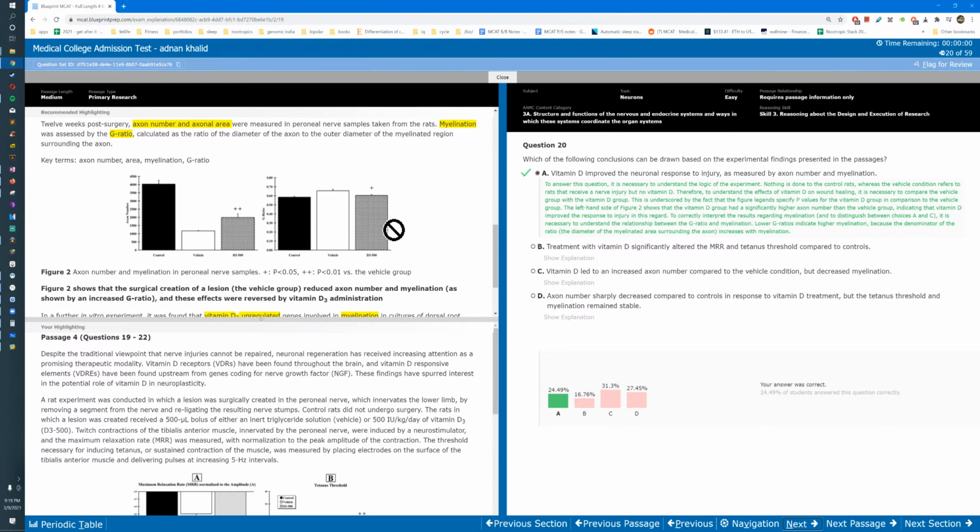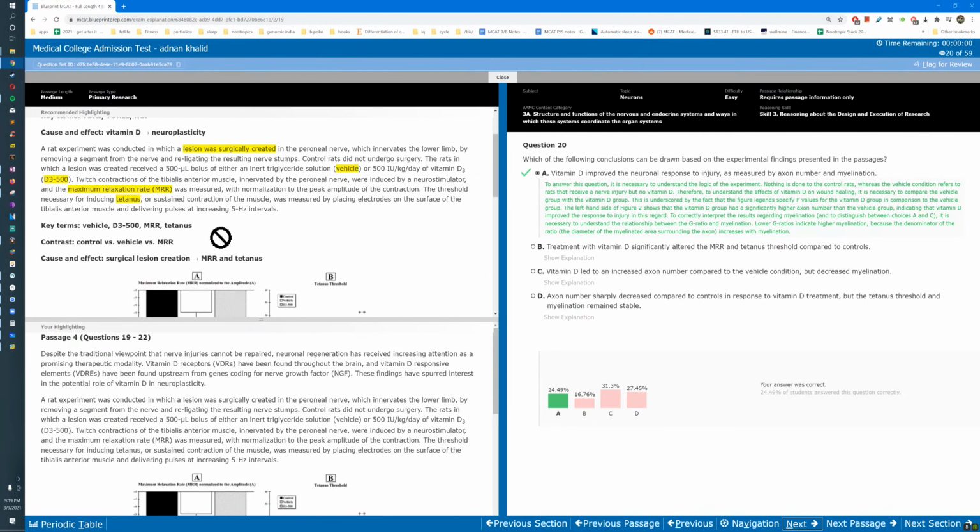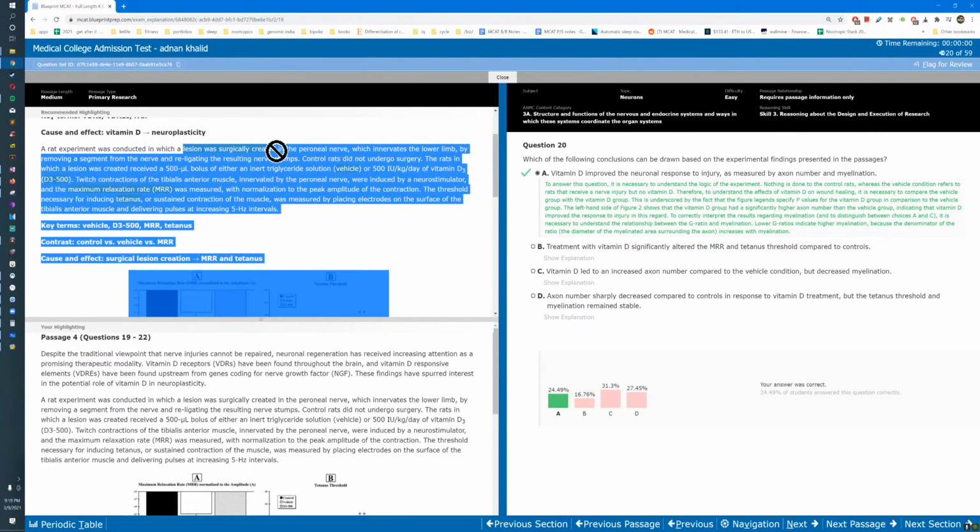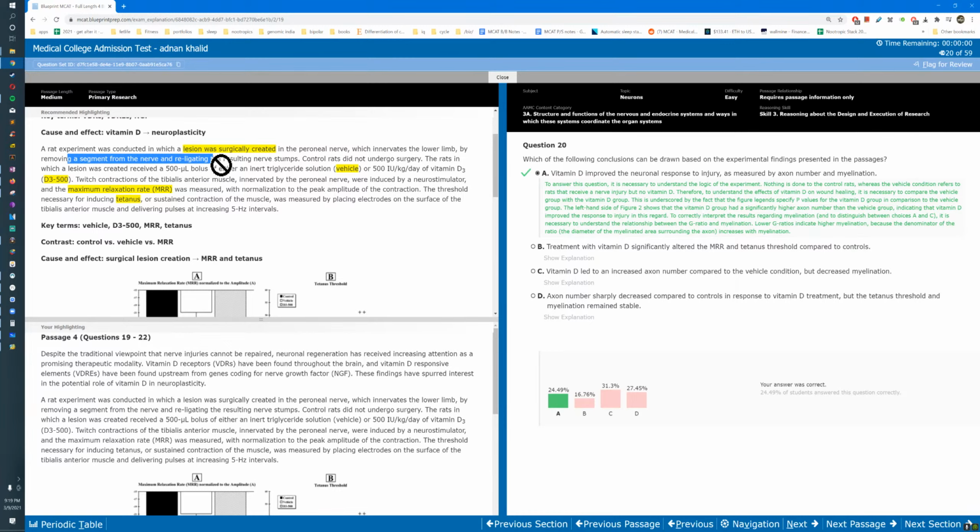Okay, this basically doesn't tell you much about both of these things increasing, but it's right because it's a response to injury. That means we're comparing it to the vehicle, because here the control did not undergo surgery, and then there's a lesion which removes part of a nerve, right?